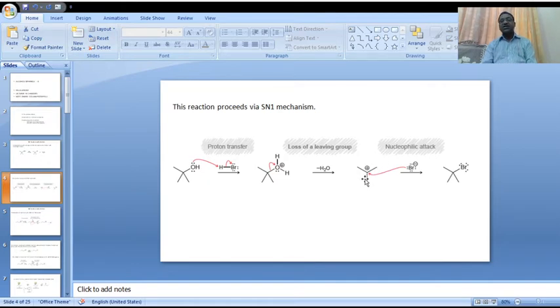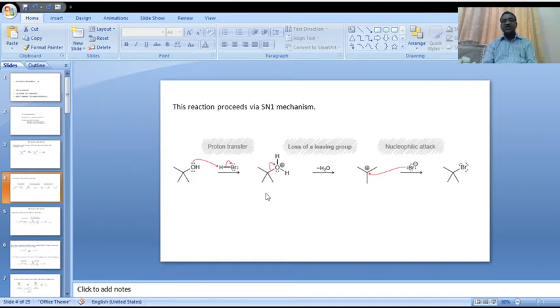On this carbocation carbon, the nucleophile attacks. The Br minus nucleophile attacks the positive carbon to form a sigma bond between carbon and Br. Is it clear? The hydroxy group is replaced by halogen.